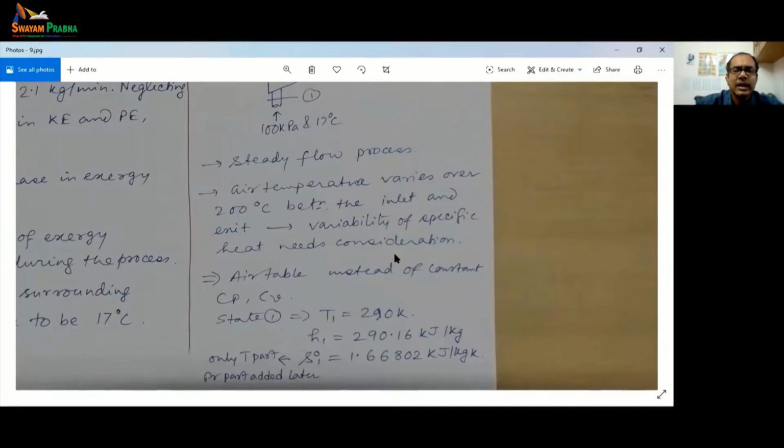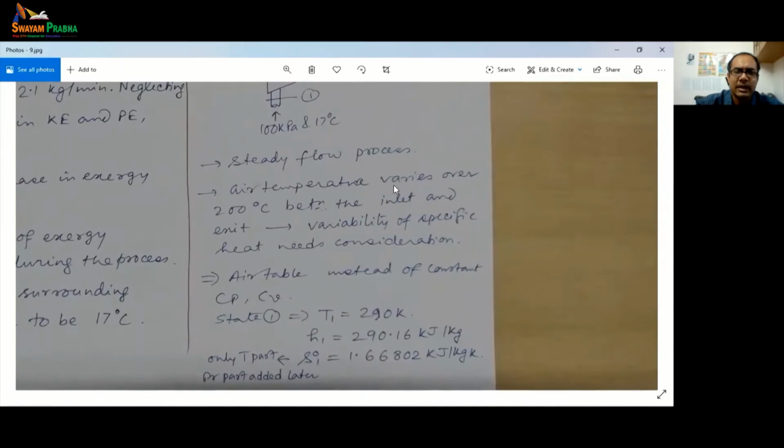There is an ideal gas table for air and other gases also. Here we are going to use it. You will find it in the appendix of any book. So we'll use the air table instead of using constant Cp and Cv specific heats.